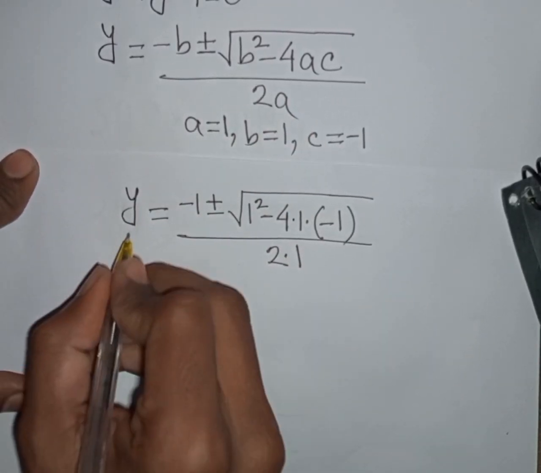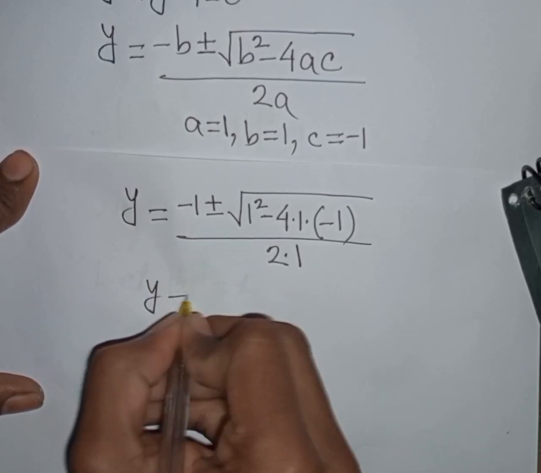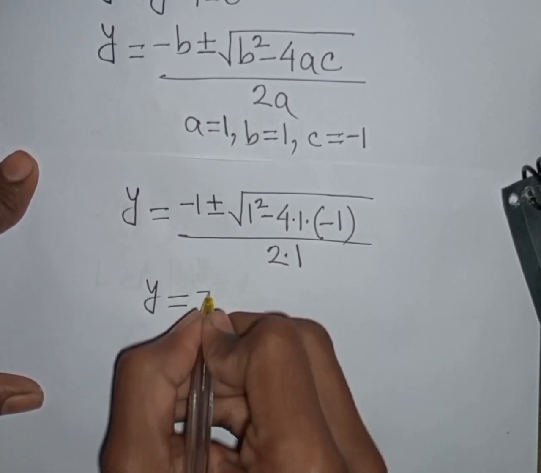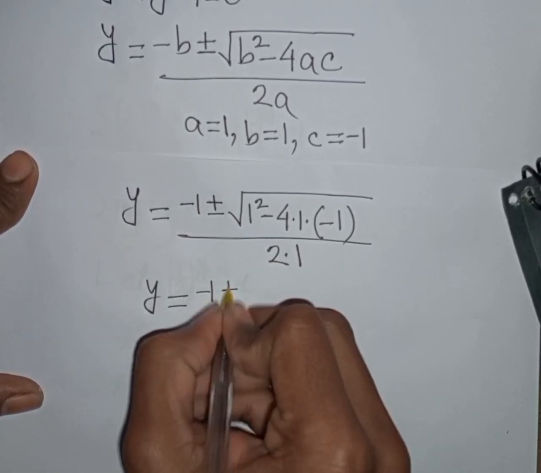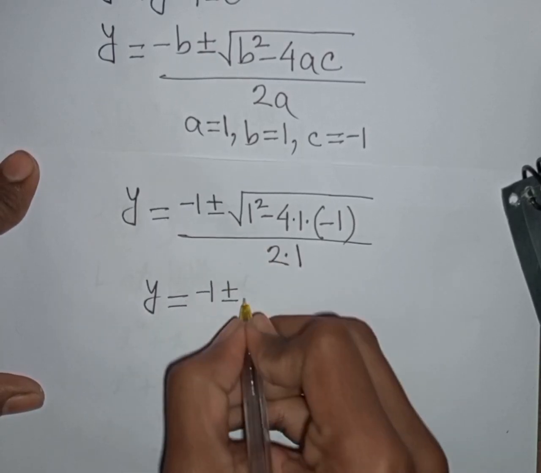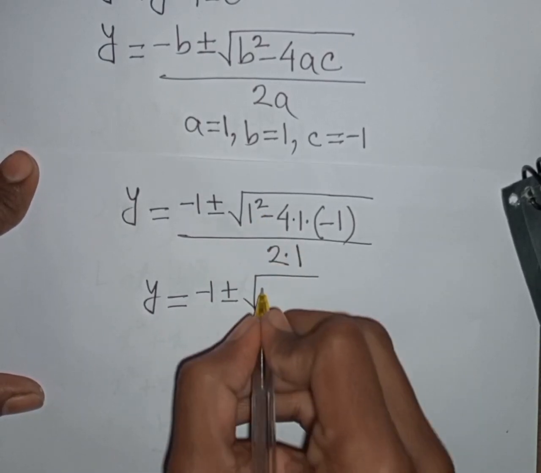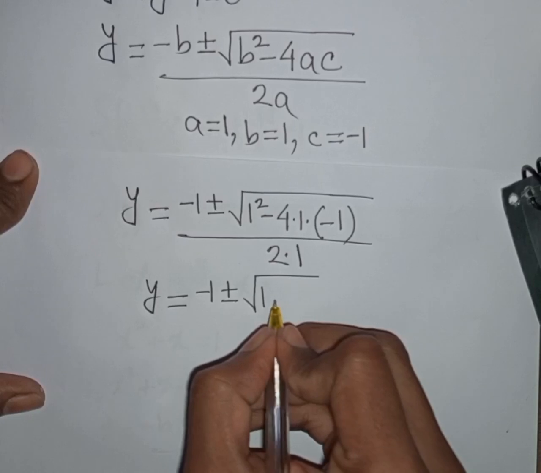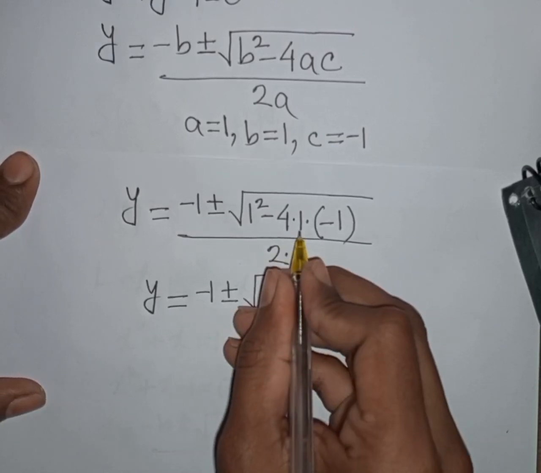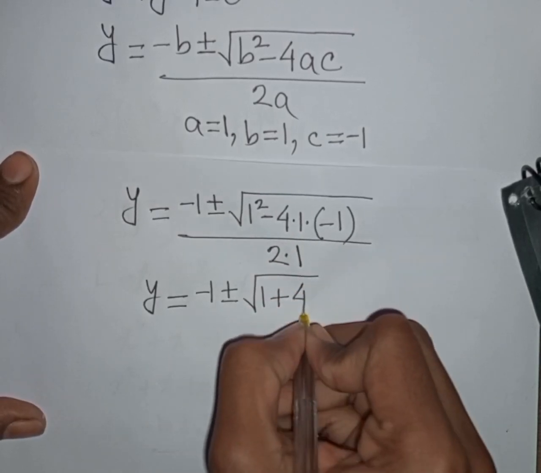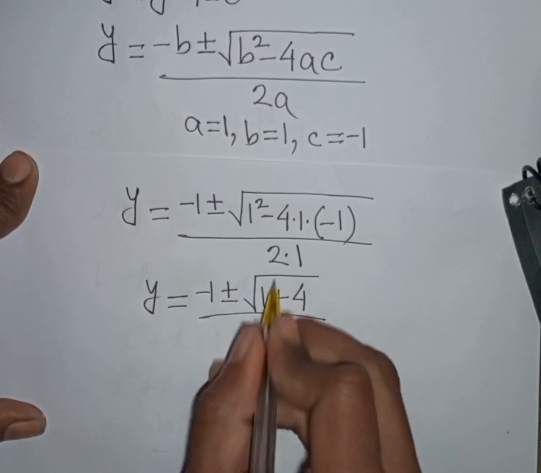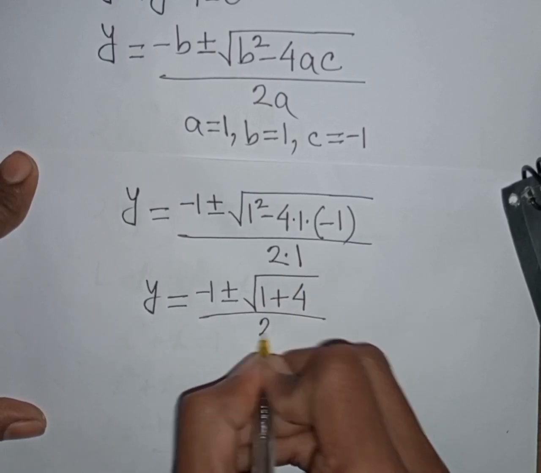Now I can write y is equal to minus 1 plus or minus square root of 1 square is the same as 1, then minus times minus means plus, 4 times 1 times 1 is 4, divided by 2 times 1, that means 2.